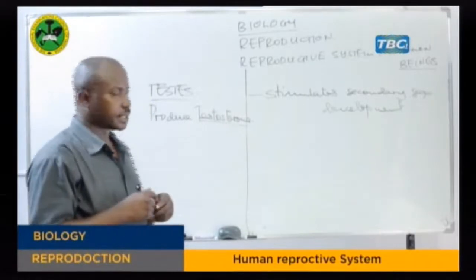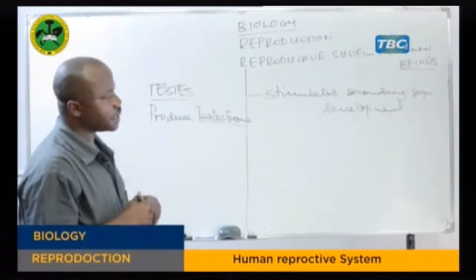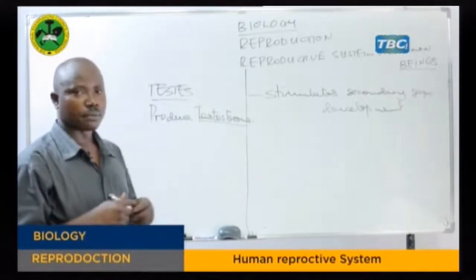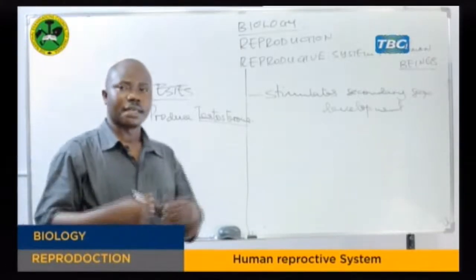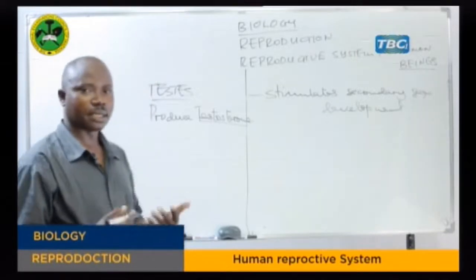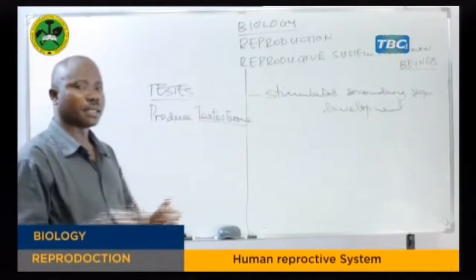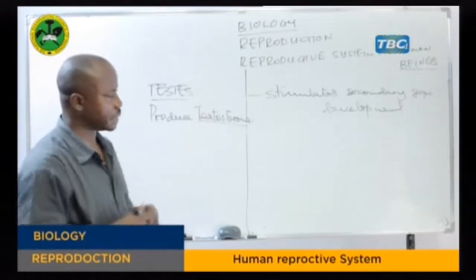The first function is that testosterone stimulates secondary sex development. As we all know, this includes development of the beard, hair at the armpits, hair around the genitals, and other secondary sex features.